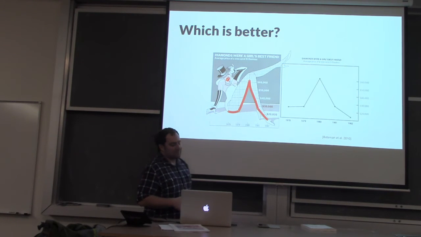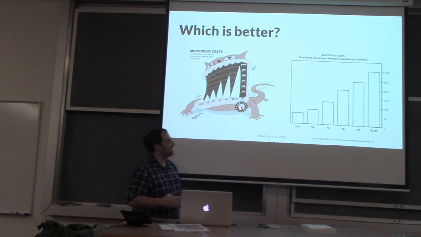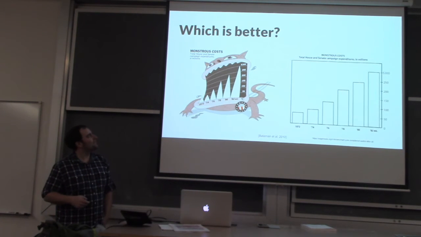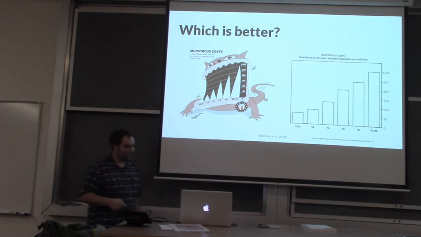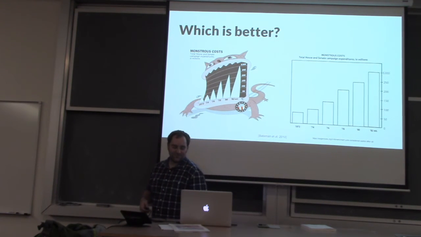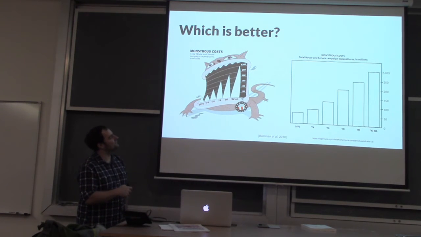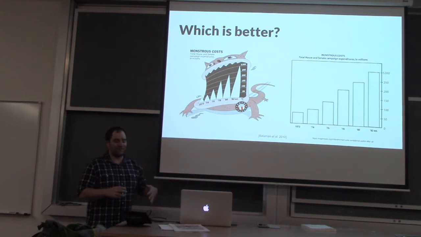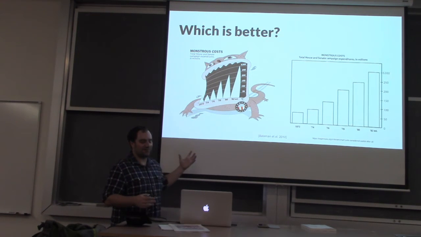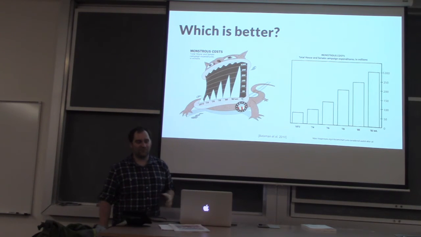But there is actually research that shows us that chart chunk can be valuable. Here's another example: the cost of House and Senate campaign expenditures. I don't want to plot 2016 on here because this goes to 82. So, the monstrous cost. This frames us with this monster in the background, and here we have the minimalistic, Tufte-esque version of it.